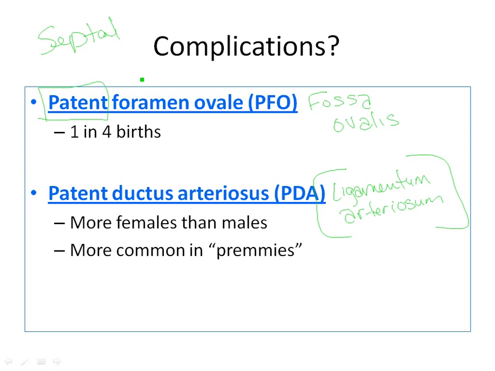The patent ductus arteriosus is different because, remember, it's between the 2 main arteries, the pulmonary trunk and the aorta, the 2 main arteries that carry blood away from the heart. But the difference is that the aorta is carrying oxygenated blood and the pulmonary trunk is carrying deoxygenated blood.